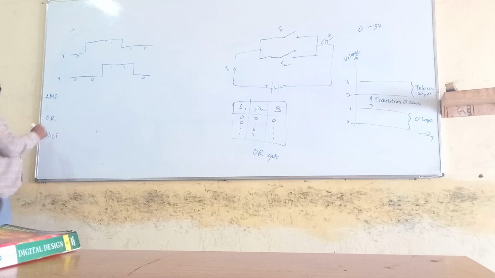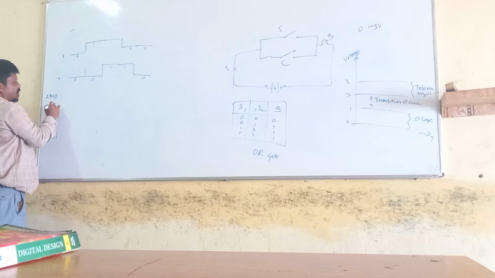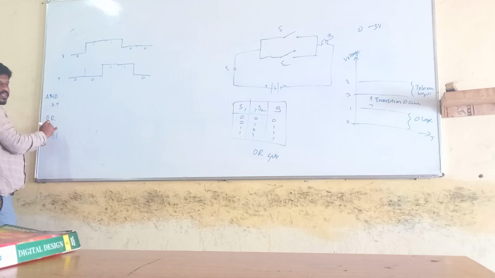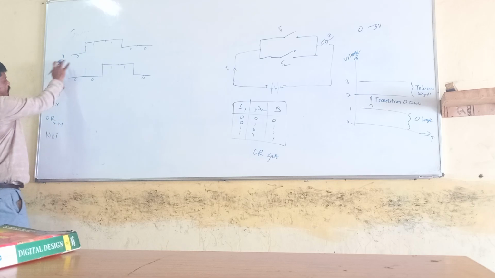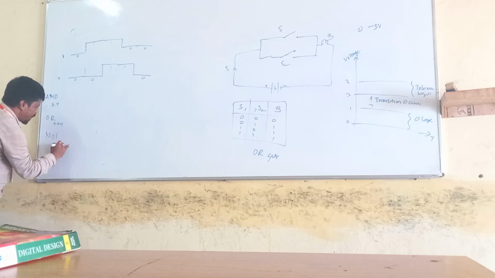The combination of x and y, x dot y, is the AND gate purpose, and x plus y is the OR gate. For the NOT logic gate, I apply it to a single signal, so x becomes x bar.